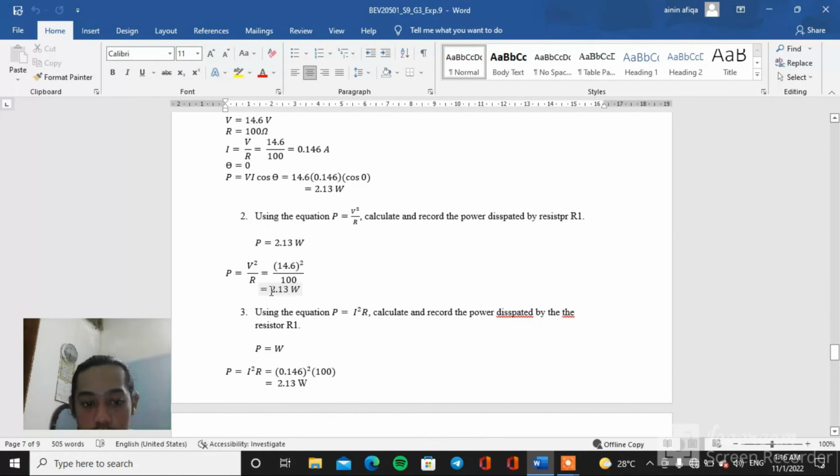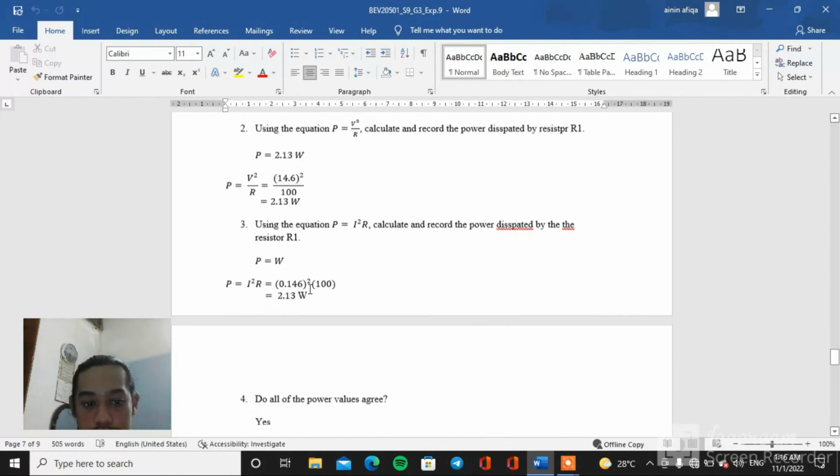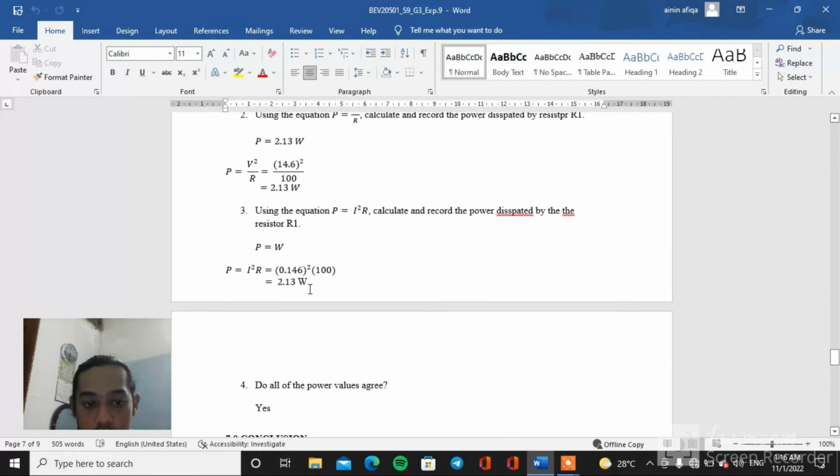We also got the power is 2.13 watts. For the next question, using the equation P equal to I squared R, we have to calculate and record the power dissipated by the resistor R1. We insert the value of I, which is 0.146, and the resistance is 100, and we got 2.13 watts.